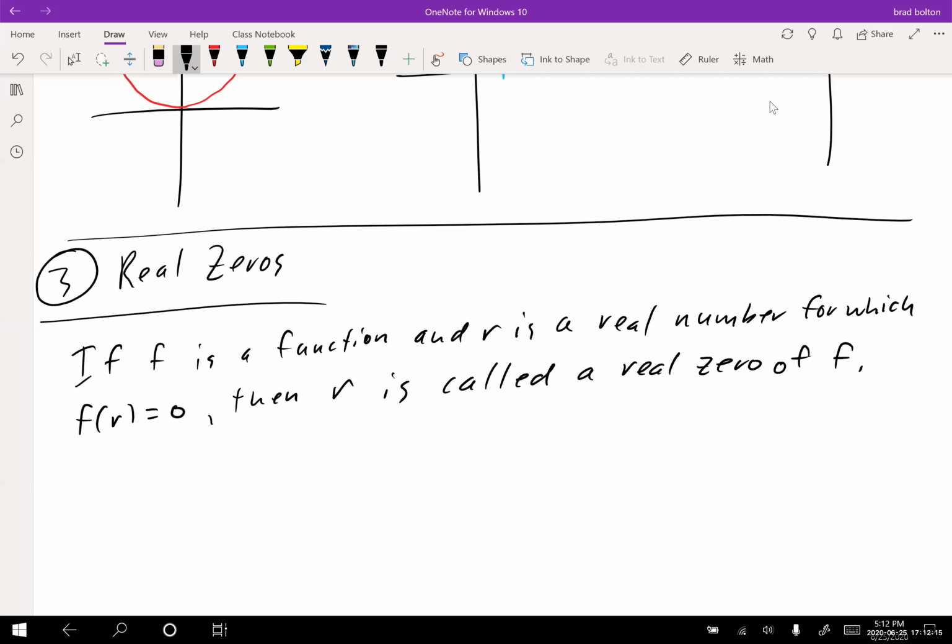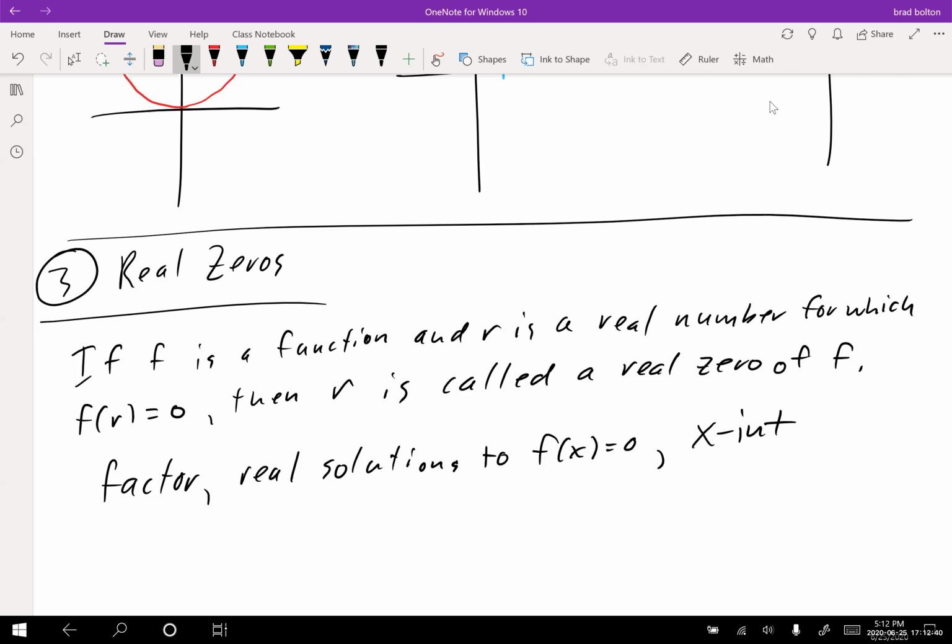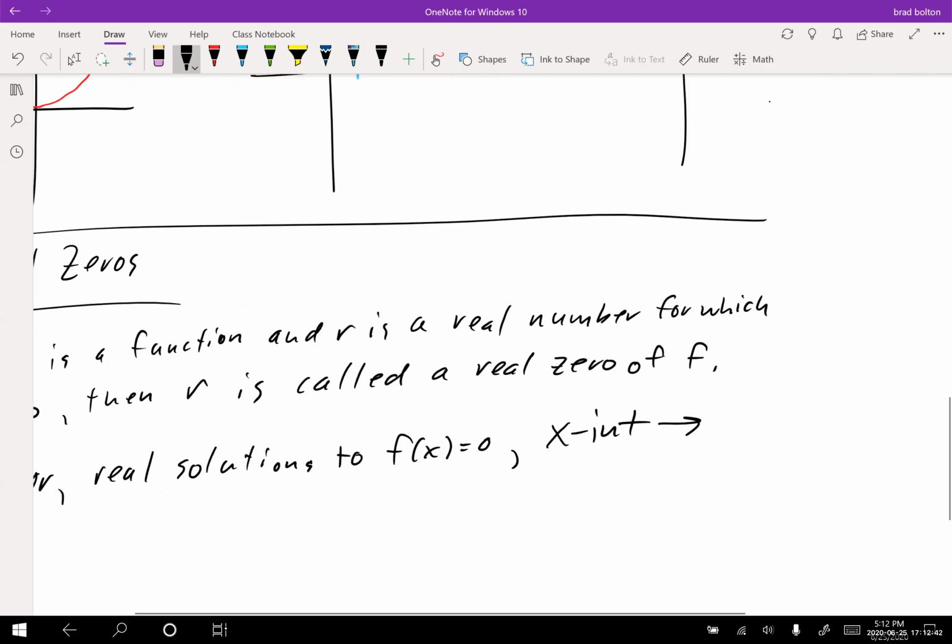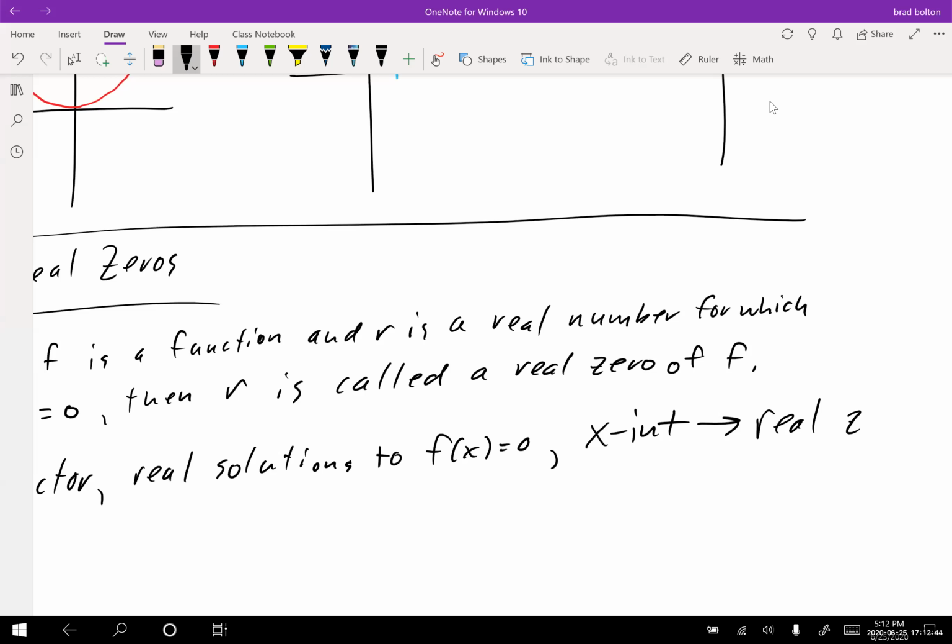So here's the thing. You've already been doing this your whole life. If you're at this point in math, you've definitely done this before. You often talk about factors. They help us find the real solutions to f of x equals 0. You often talk about them as x-intercepts, and now we're calling them the real zeros.